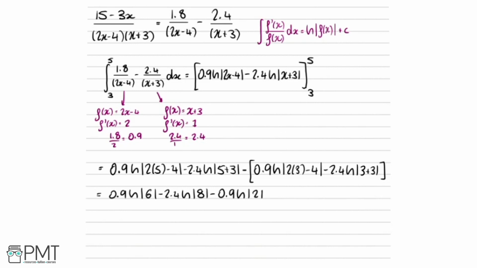And then because it's a negative times a negative, we get plus 2.4 and the natural log of 6. So we can combine both these terms quickly. So we'll have 0.9 plus 2.4, which equals 3.3 ln 6, minus 2.4 ln 8, minus 0.9 ln 2.